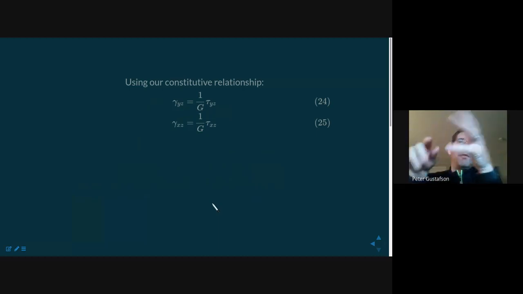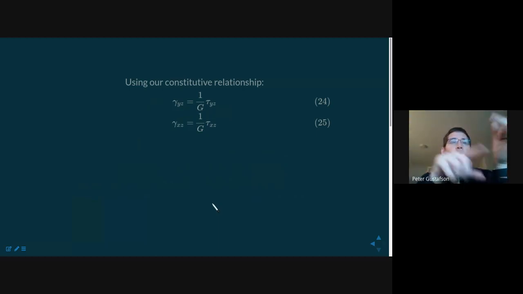So amongst all of those things, so far we satisfied equilibrium. So that's the stress equilibrium equations. We satisfied kinematics through this compatibility requirement. So the next thing we need is the constitutive relationship. So that's what's showing up now on this slide.